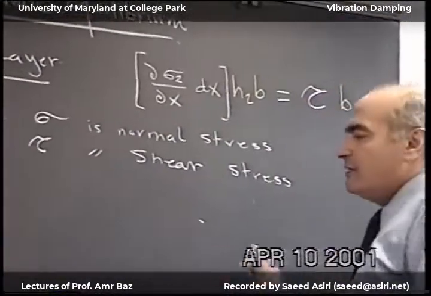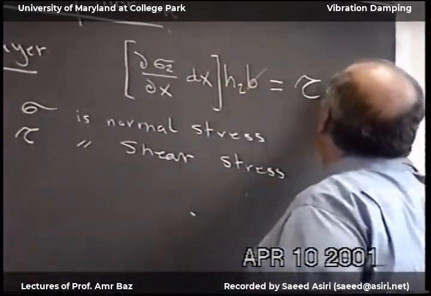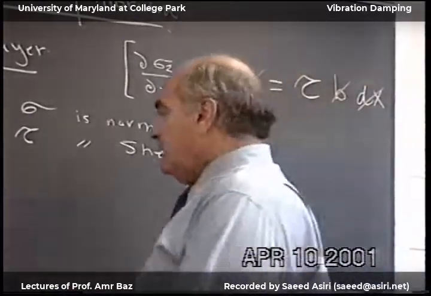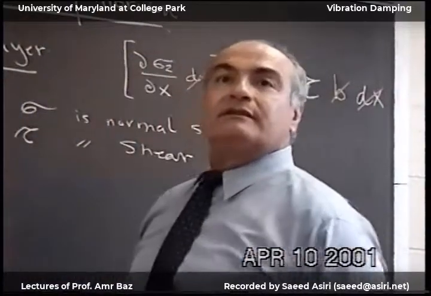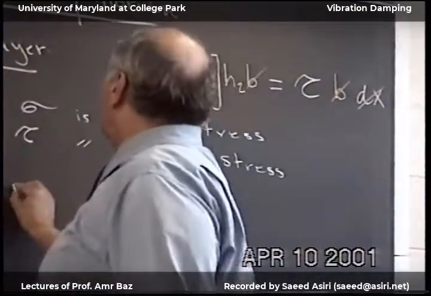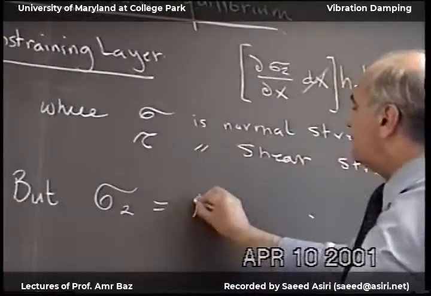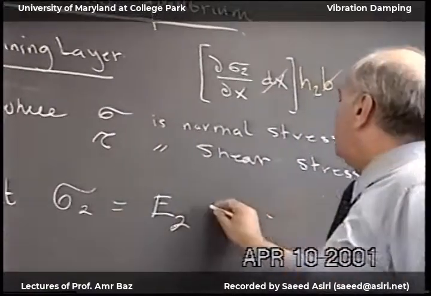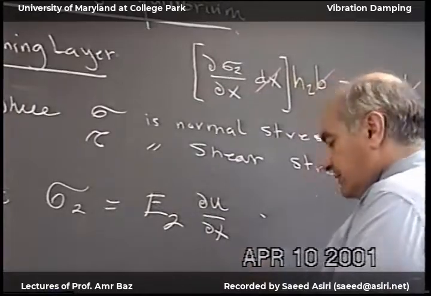So now from here we'll drop the b and the b, the dx and the dx. And I'm going to make also the normal stress equal to Young's modulus times the strain, which is partial u by partial x.